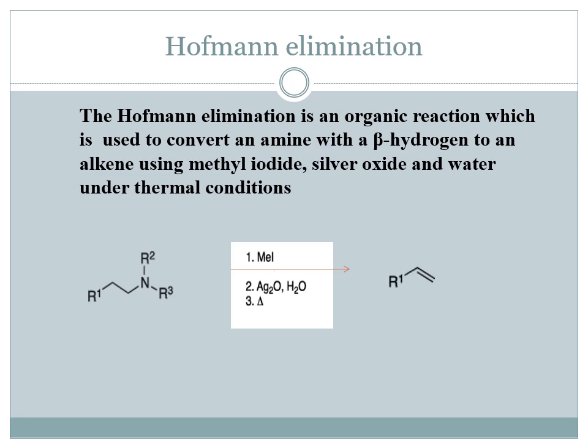Here the reaction begins with the attack of the amine with beta hydrogen on methyl iodide, which leads to the formation of a quaternary ammonium salt, that is quaternary ammonium iodide.